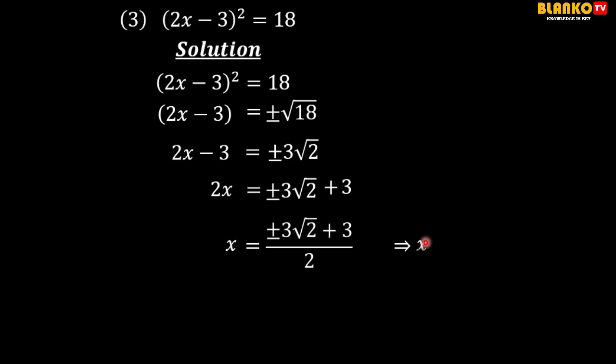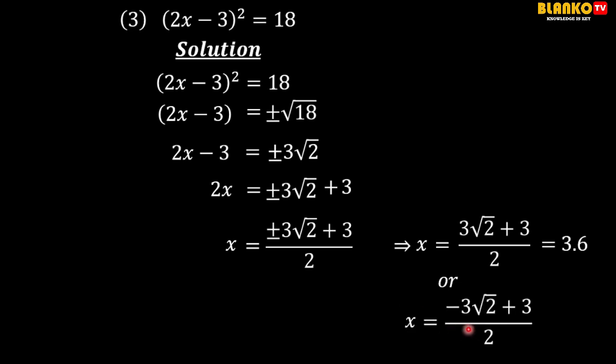This means x is equal to 3 multiplying the square root of 2 plus 3 over 2, which is equal to 3.6, or x is equal to negative 3 multiplying the square root of 2 plus 3 over 2, which is also equal to negative 0.6.